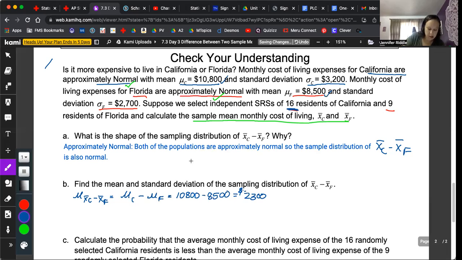All right, the standard deviation is similar to what we did before.